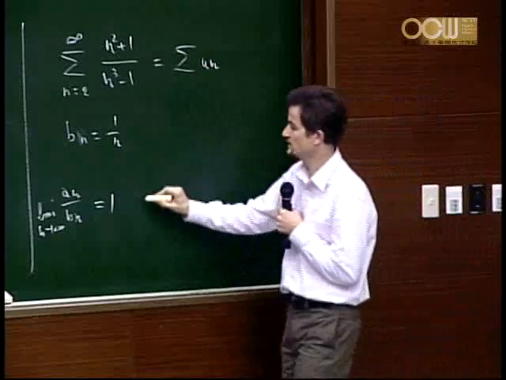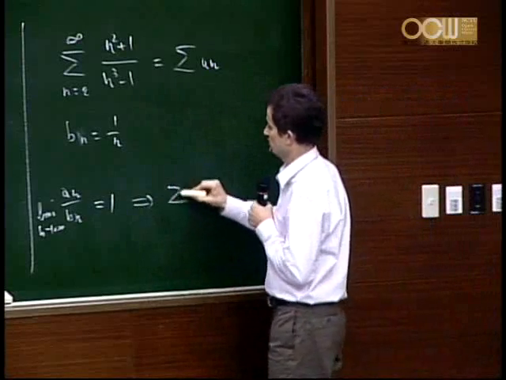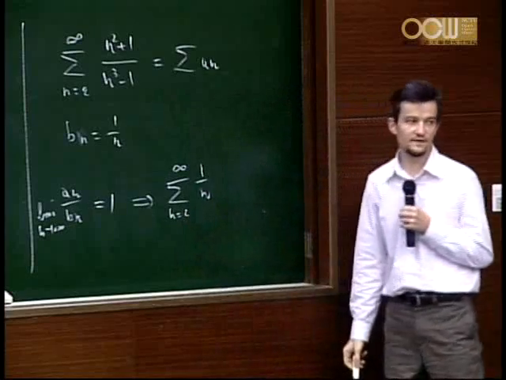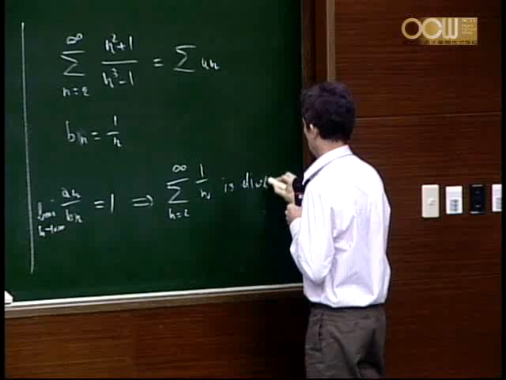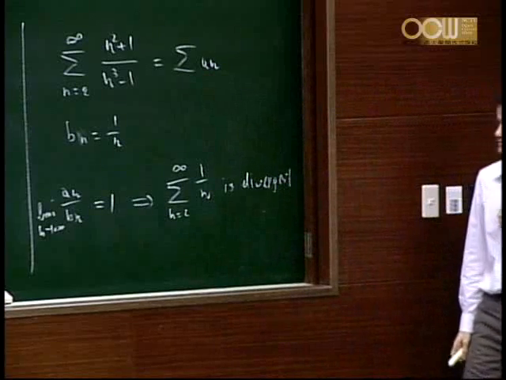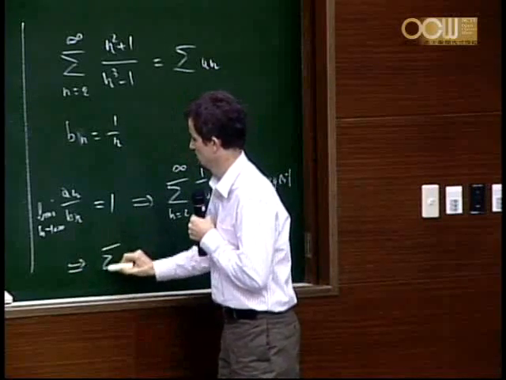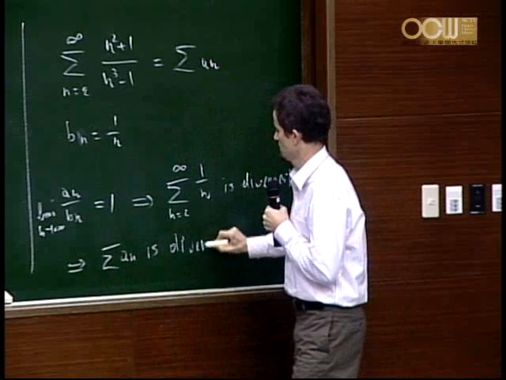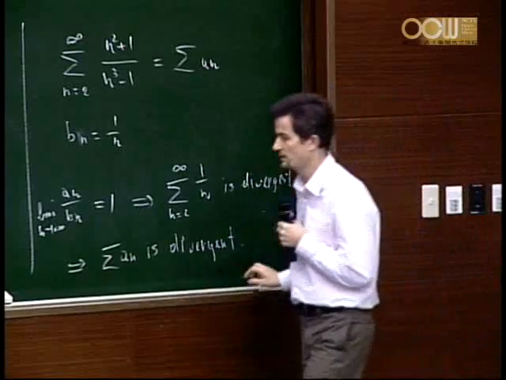Okay, so you can immediately apply the limit comparison test, and because the series 1 over n we have identified already as a divergent series, this one is divergent, so you immediately get that this series is divergent as well. Okay, so you see this tool is very powerful.